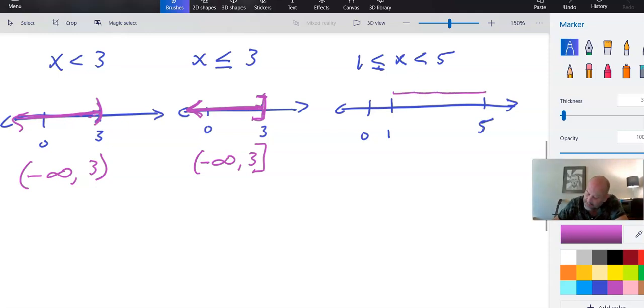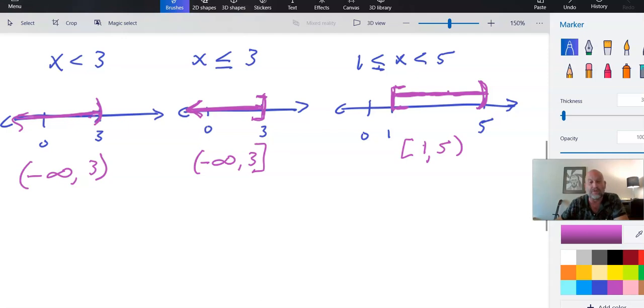I know that much, so it's going to be all of this stuff, and I'm just going to double stamp the line here so it's nice and solid. Since we go from 1 to 5, this one has an equal to, so that means it includes the 1. So we have a square bracket on this end. And this one does not include the 5, so it has a round bracket here. And so our interval notation would be from 1 to 5, square bracket on the 1, round bracket on the 5. Okay, so now here's where the change comes in.